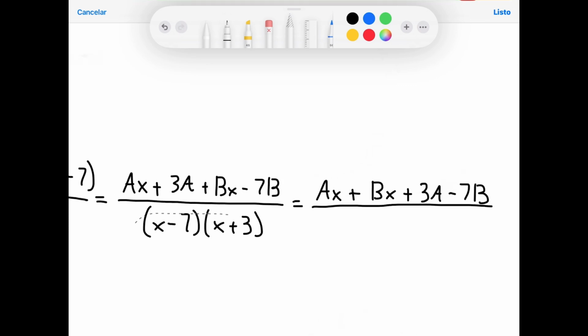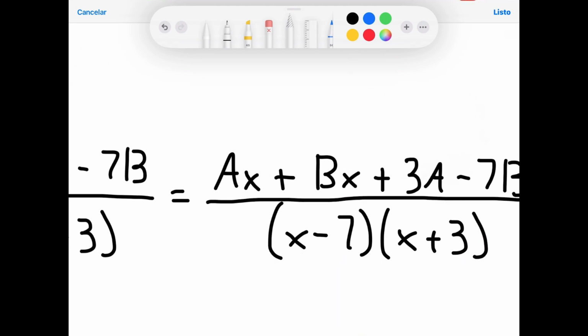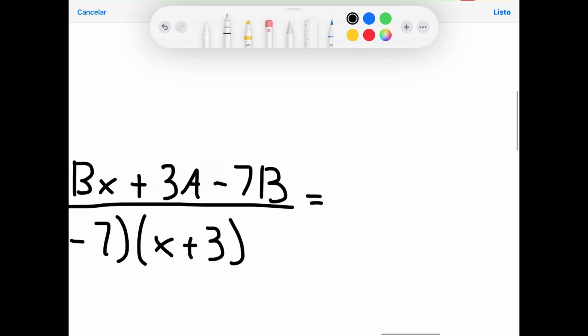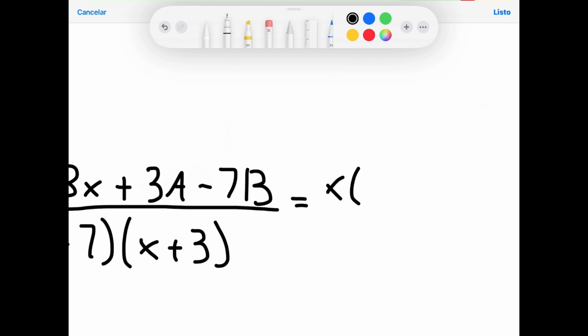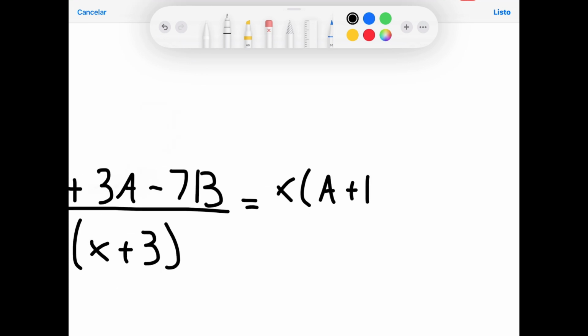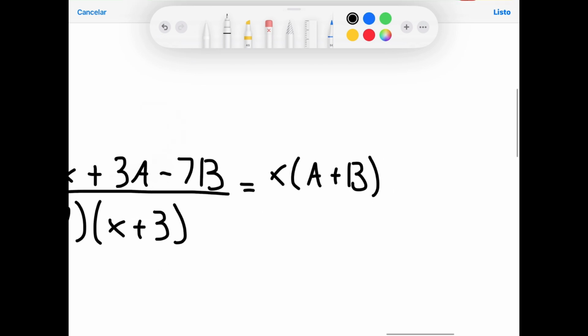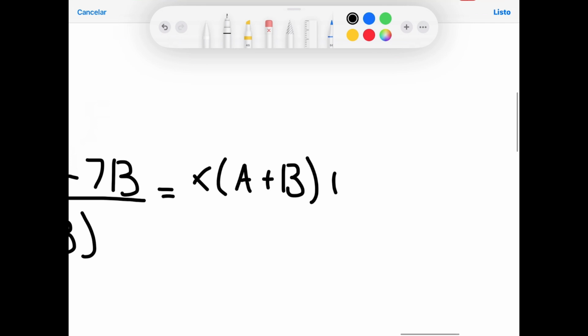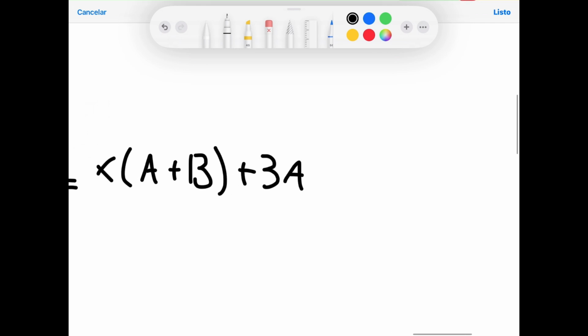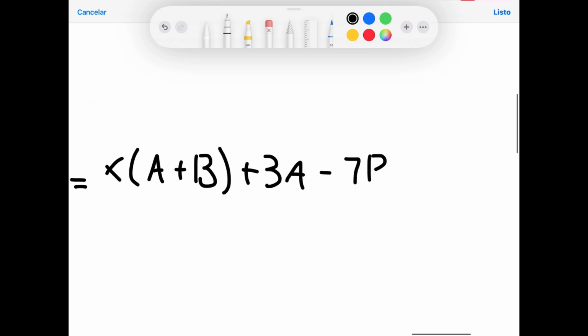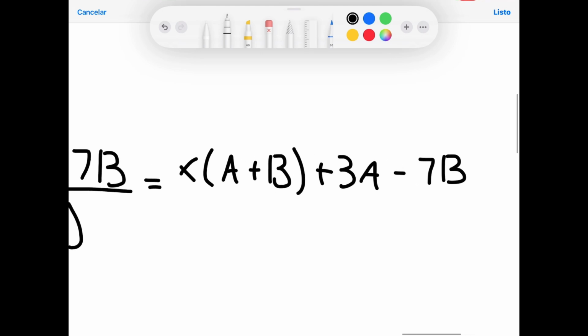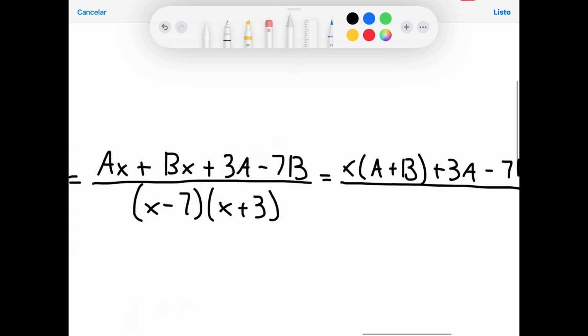And now to get the common factor, I know that my common factor in this part is x. So I get x times a plus b, and I leave the rest the same, plus 3a minus 7b. And now I put the denominator the same.